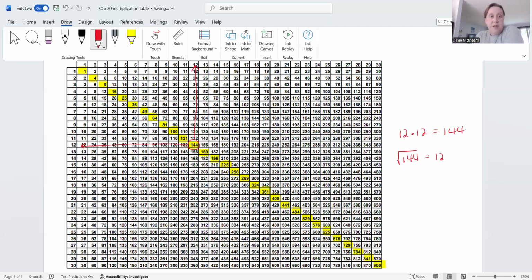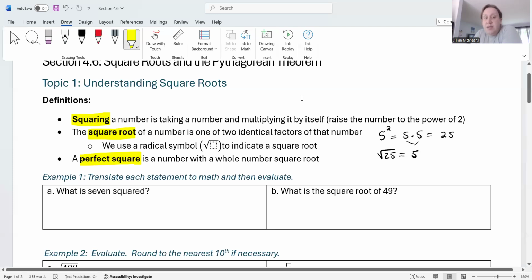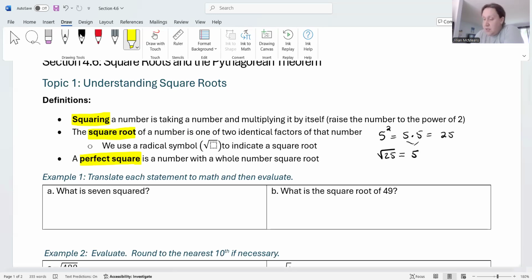Let's practice. Example 1 says translate each statement to math and then evaluate. For the first statement, we have what is 7 squared? Well, 7 squared is 7 to the second power, which is really just 7 times 7, or we know and love it as 49. Part B then says what is the square root of 49?